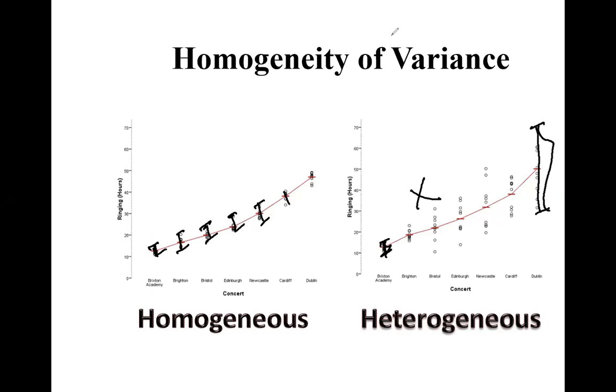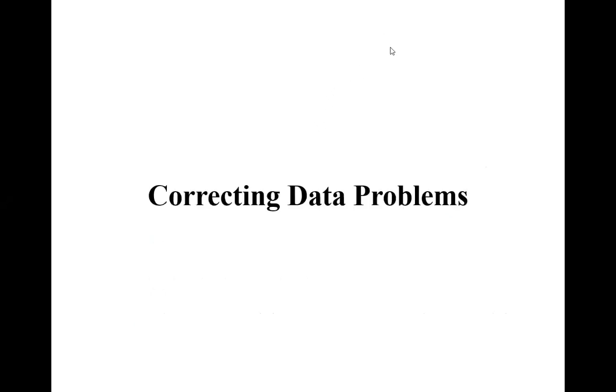Okay, and now sometimes correcting the problem. When we apply any parametric test, we check whether my data is normal or not, and we check whether my data is homogeneous or not.